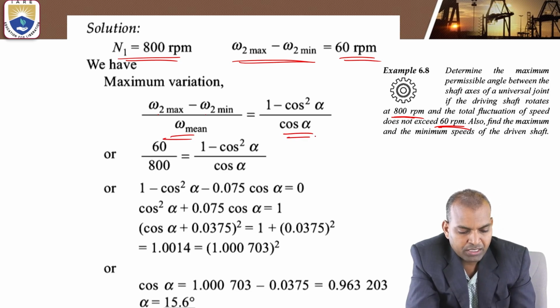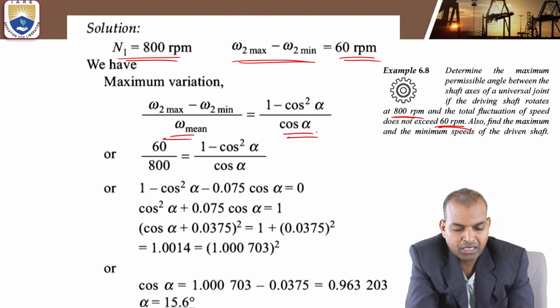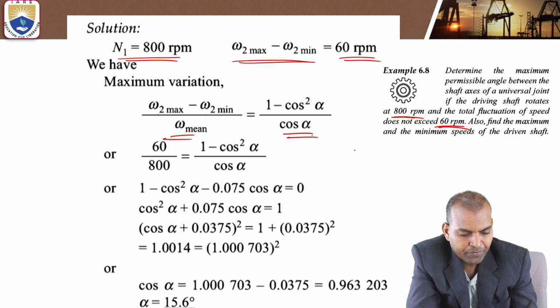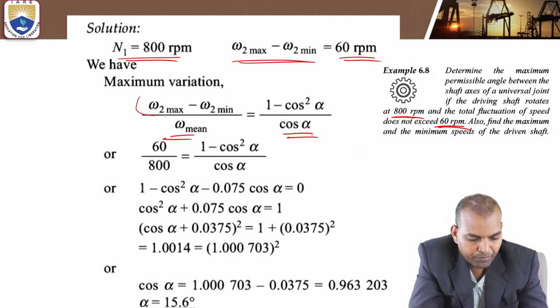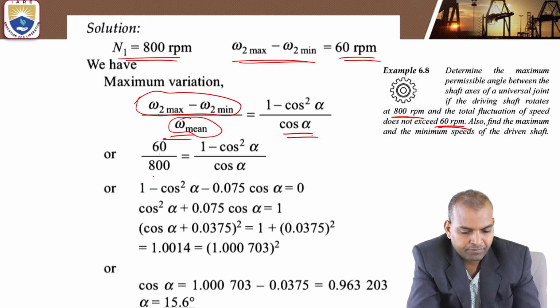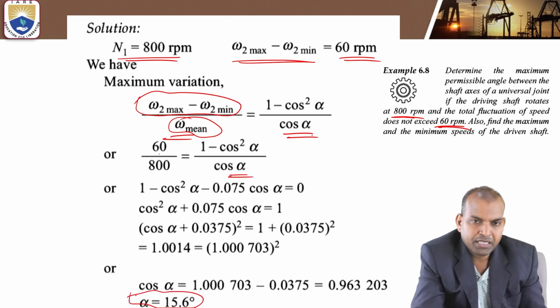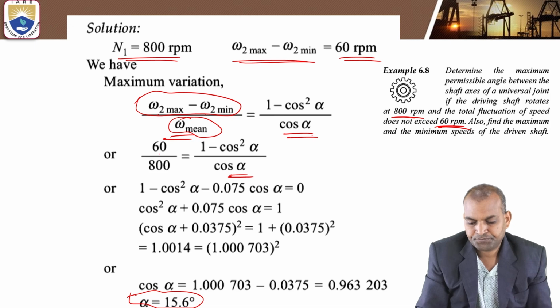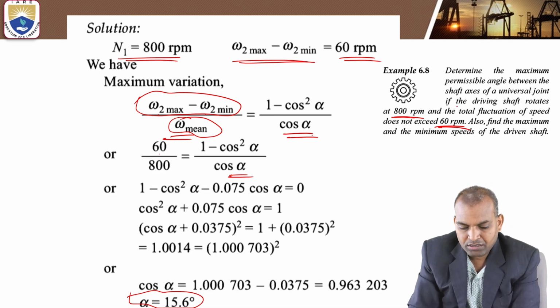That equals, we know the equation, 1 minus cos square alpha by cos alpha. This omega 2 maximum minus omega 2 minimum term we know, that is 60 rpm. Omega mean we know, that is 800 rpm. Substitute here, then we can find the angle, that is alpha. That alpha is 15.6 degrees.